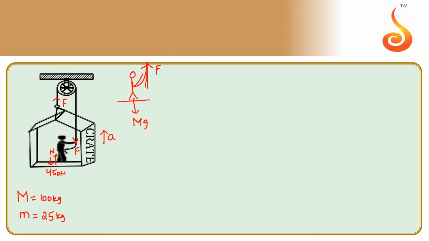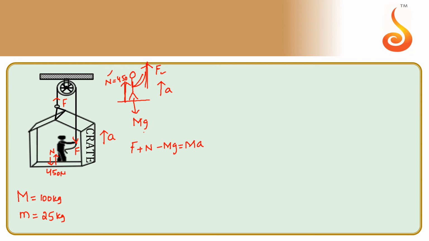Therefore the floor also applies an equal normal reaction on him, which is 450, and he is moving upward with acceleration A. So upward forces are F and normal, and downward forces are mg. So F plus normal minus mg is equal to ma.